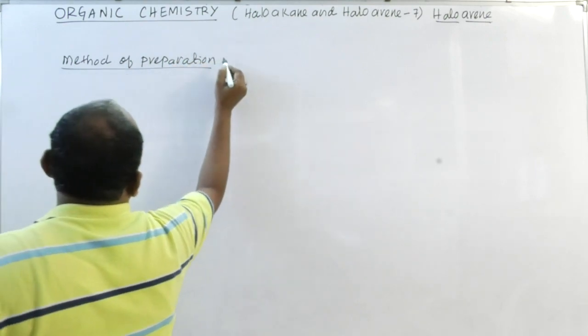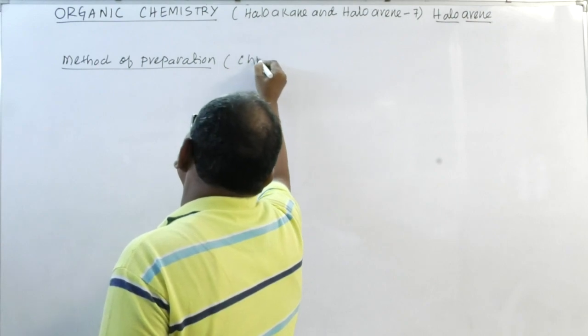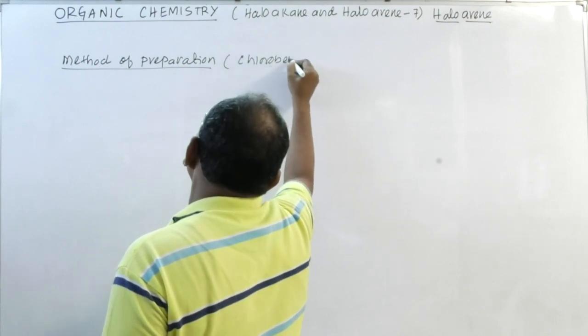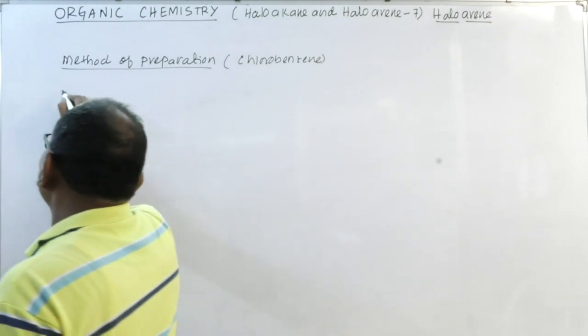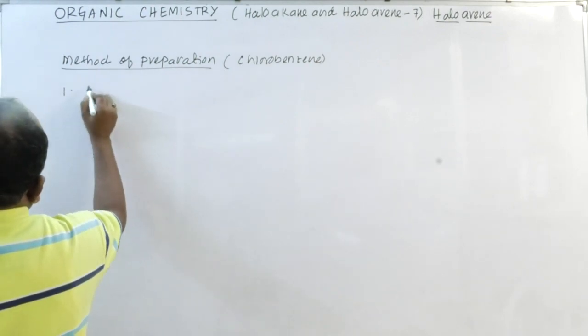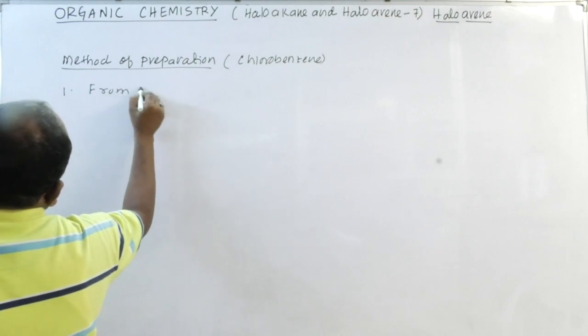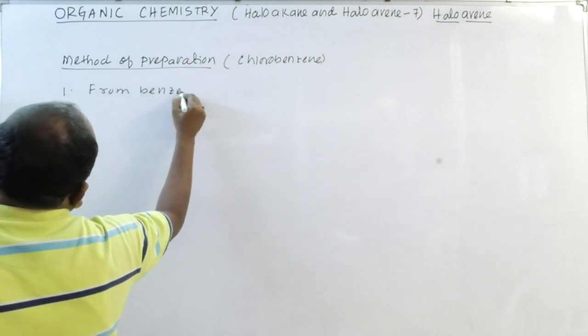Particularly we are using the chlorobenzene. The first method is that it can be prepared from benzene.